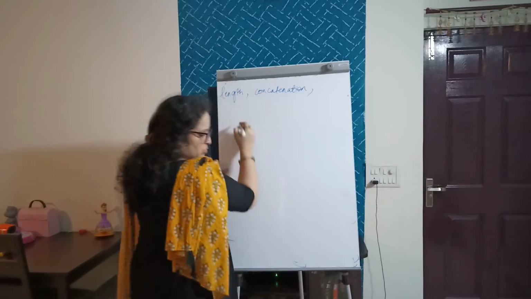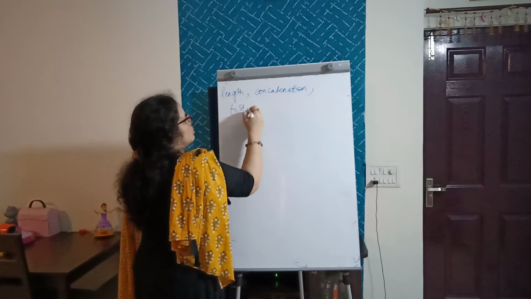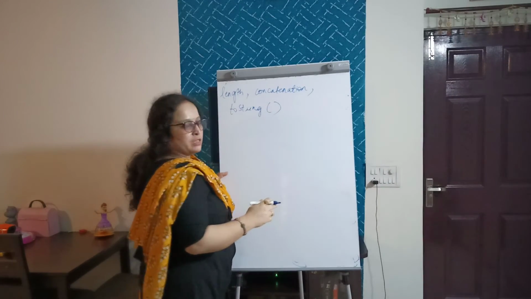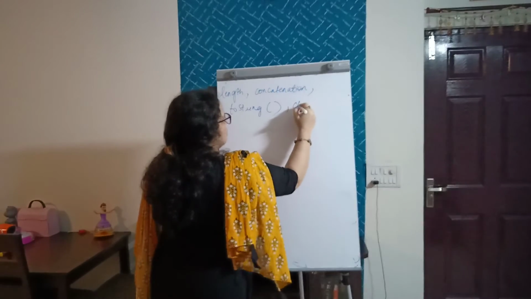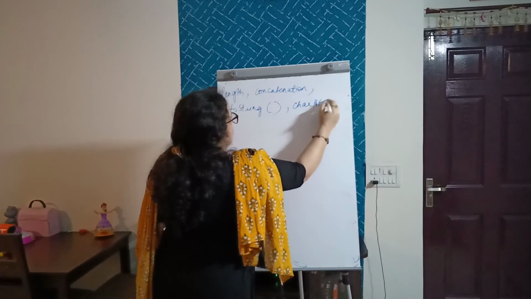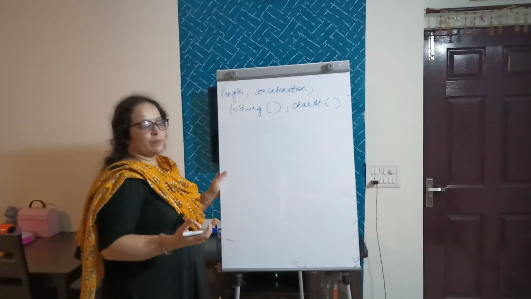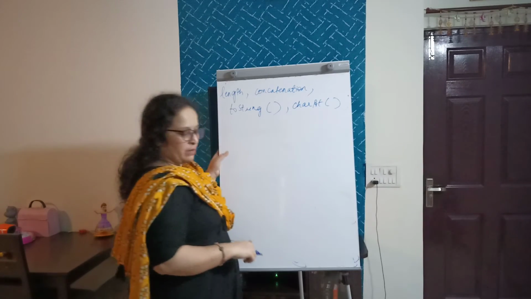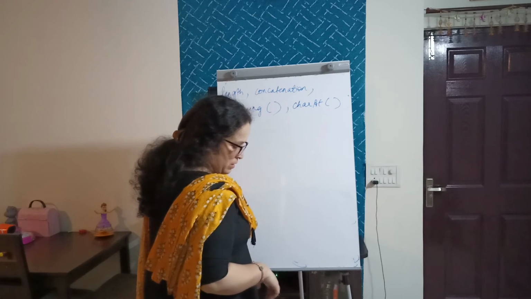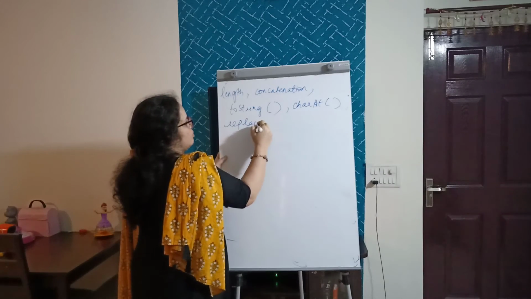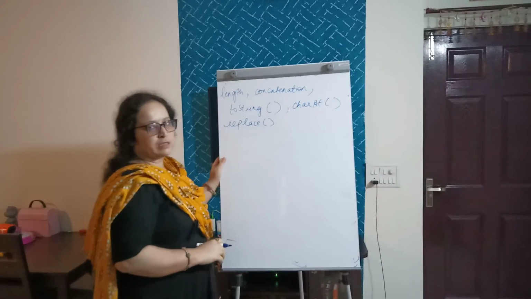Then we can also use the toString function. If we want to convert a variable to type string, then we can do it using the toString function. Then charAt, if we want to find the character at a particular position, that we can do using the charAt function. Then we can also use replace.